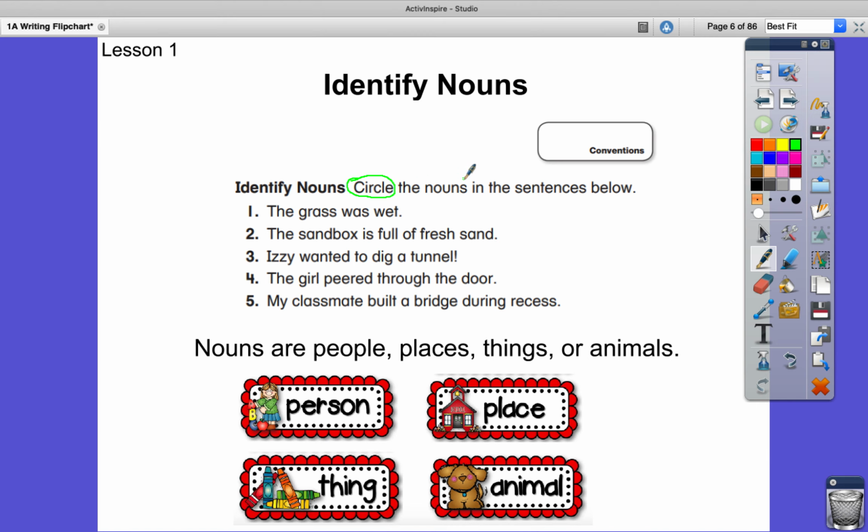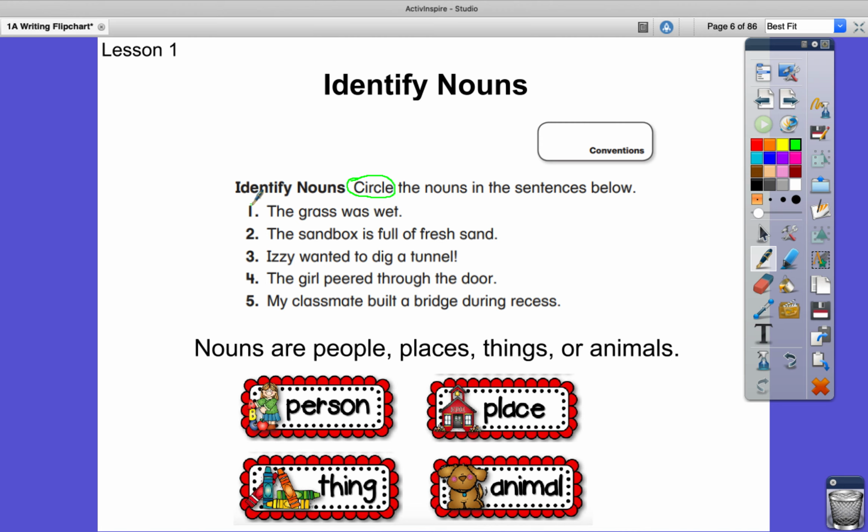Okay, circle the nouns in the sentences below. So I will help you, since this is our first lesson, I will help you doing numbers 1 through 5. And just as a reminder here, nouns are people, places, things, or animals. So you have some pictures here to help remind you what nouns are.